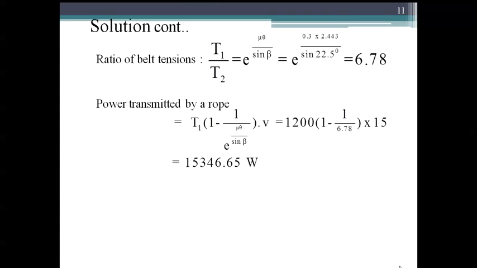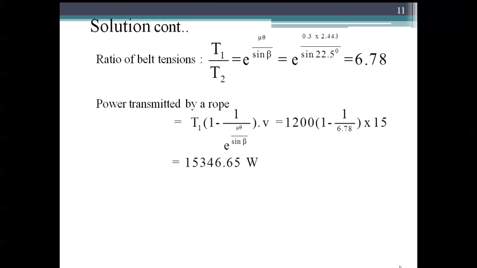By substituting the values, 1200 into 1 minus 1 by 6.78 into 15. So power transmitted by single rope is equal to 15,346.65 watts.